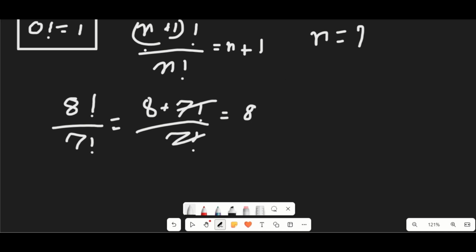Now let's solve this expression algebraically. So n plus 1, and we take 1 less of it, times n minus 1 factorial.